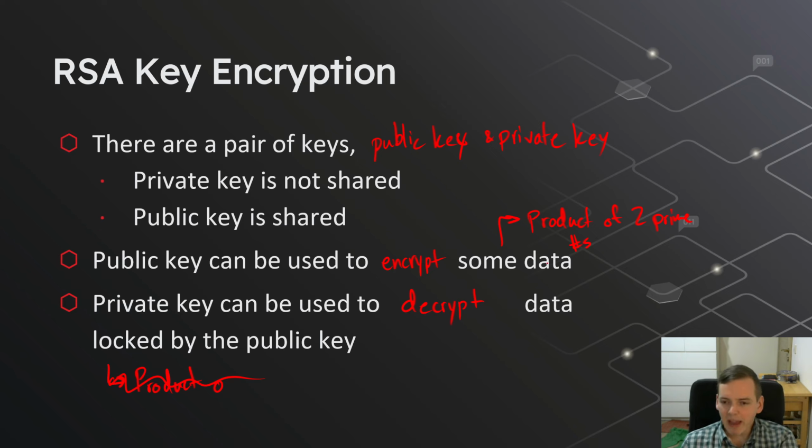Then there's some fancy math that can be done by combining this with whatever data you want to encrypt, that then, by knowing the two prime factors of the public key, can be undone. What's cool about this is the public key is really easy to generate if you know the private key. And the private key is pretty easy to create as well, because you just pick two really, really big prime numbers and multiply them together.